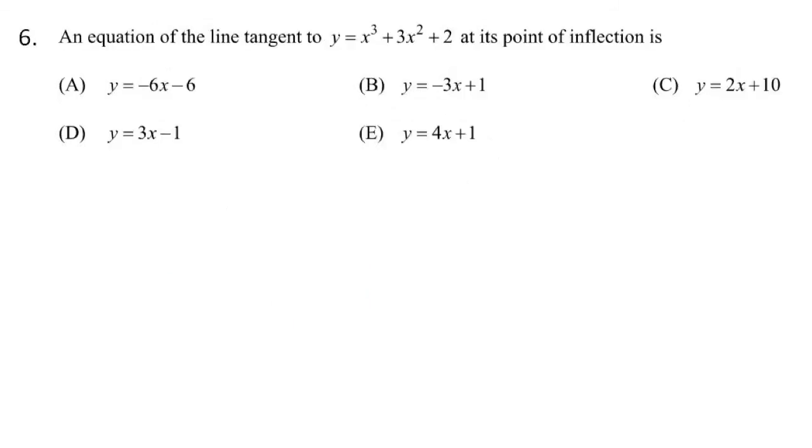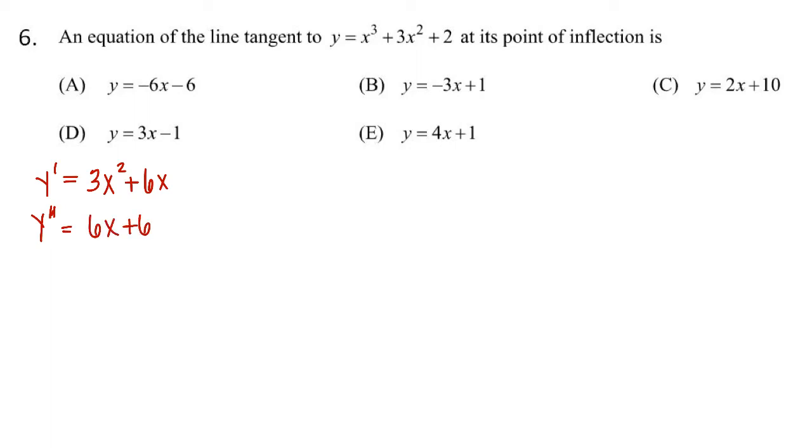All right, for the equation of the line tangent to this function at the point of its inflection. A point of inflection, or possible point of inflection, deals with your second derivative. So let's find that. Our first derivative is 3x squared plus 6x, and so our second derivative is going to be 6x plus 6.